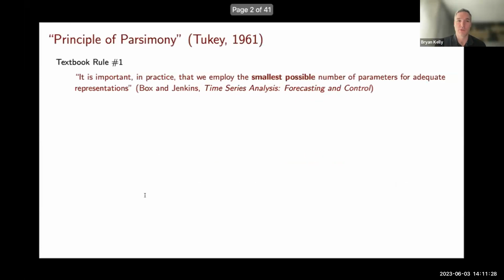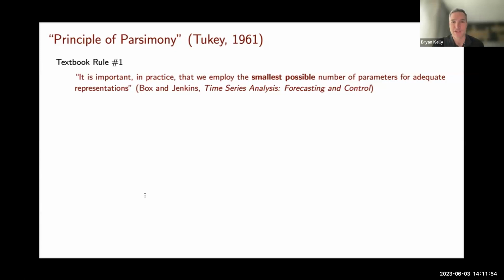So let me start with some background. I'm getting old at this point, and I can think about the tradition in econometrics in which I was raised. I was raised in a tradition in time series econometrics, and there's a very famous book that we often use, the Box and Jenkins textbook.